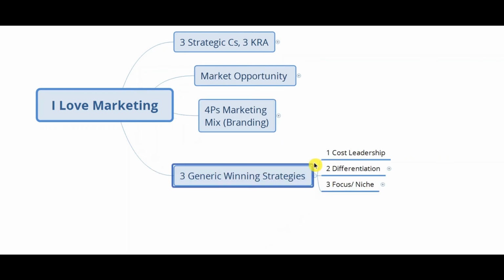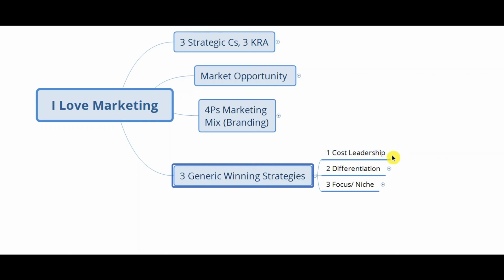Number 1, you're either the cost leader. You are able to produce something at the lowest cost and possibly sell it at the lowest price. Or if you choose not to sell it at the lowest price, you sell it at a price where you get the most margin compared to your competition. So this is one way to win in business and marketing. You have cost leadership.